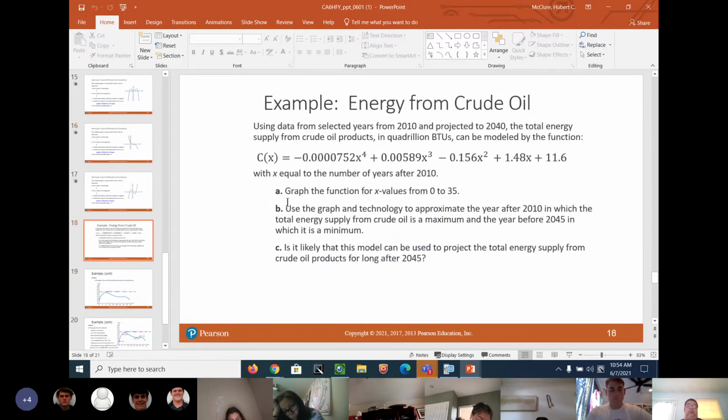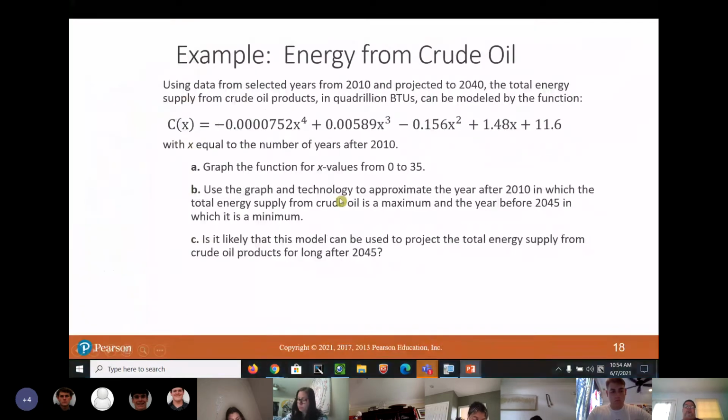So let's do this one. Go ahead and punch that in your calculator. And then I want you to find everything you can find about that function. I'll give you a minute or two.